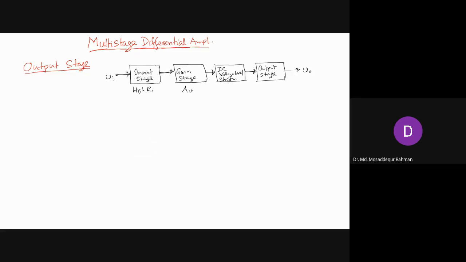The output stage has several functions, and for different purposes we use output stage. One is to minimize loss of gain.